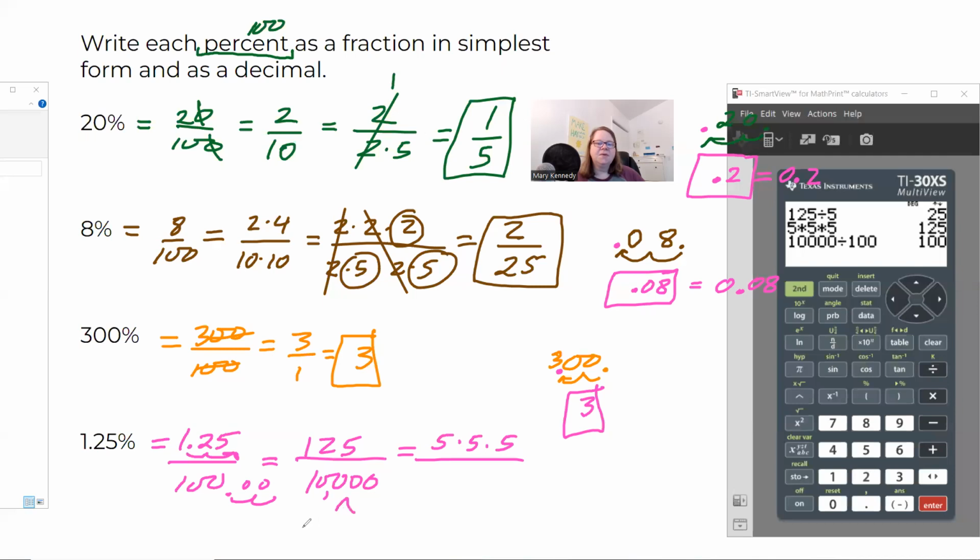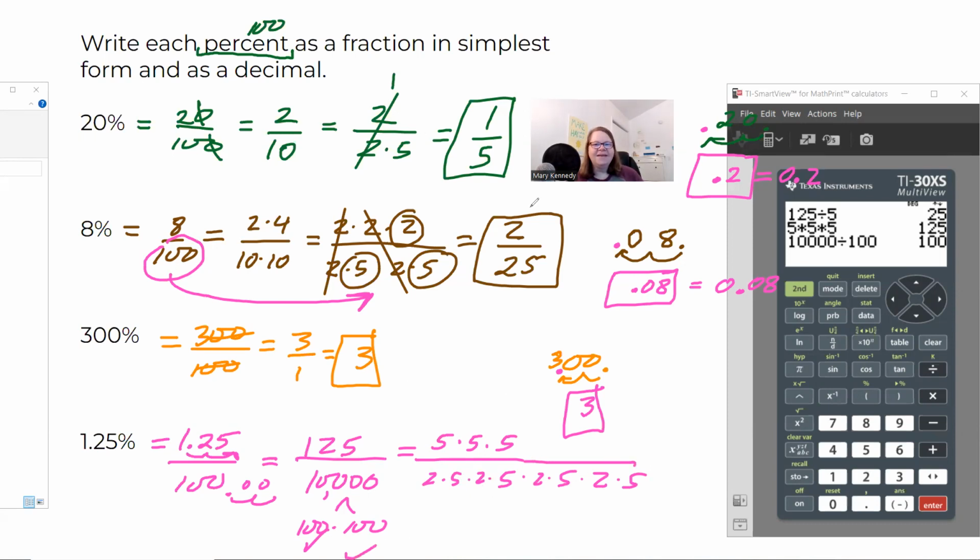And so 100 times 100. Well, we did a 100 already. We already broke 100 down into this: 2 times 5 times 2 times 5. Now that was one of the 100s. So let's do it again. 2 times 5 times 2 times 5. That's the other 100.